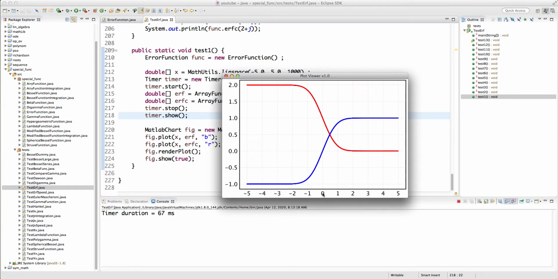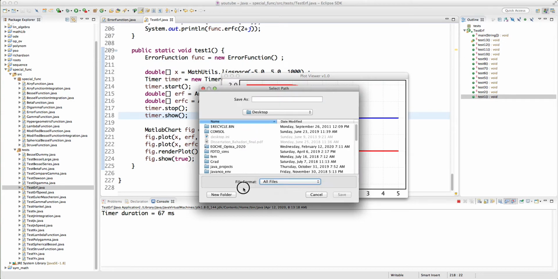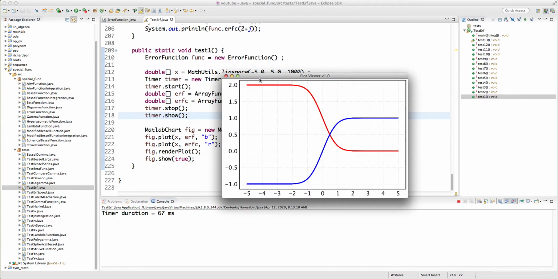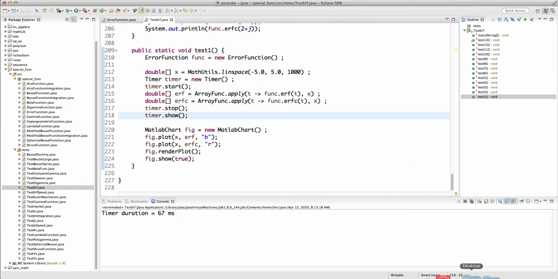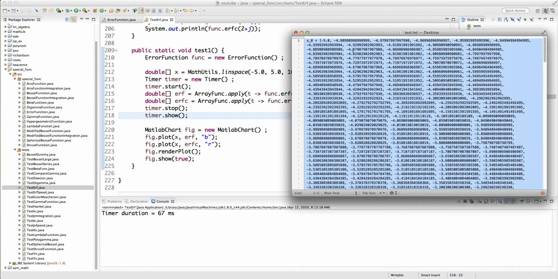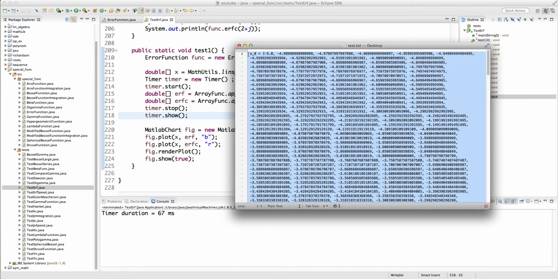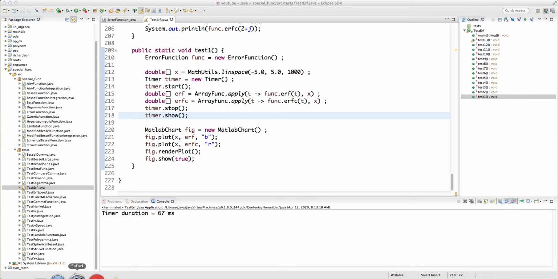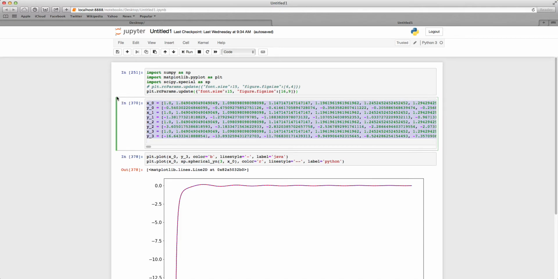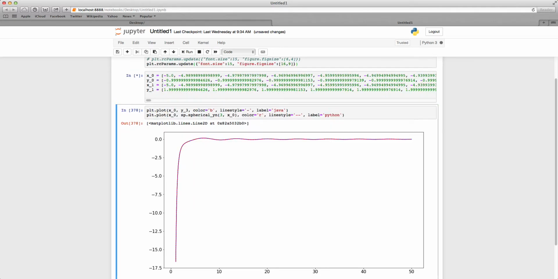Now let's export this to Python. Let's call it, for example, test. Okay, and then let's just open it up in a text file, select all of the text, and then go to our Jupyter notebook here, and I'm going to paste them.